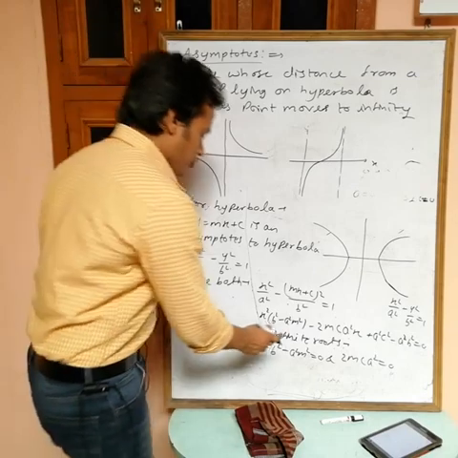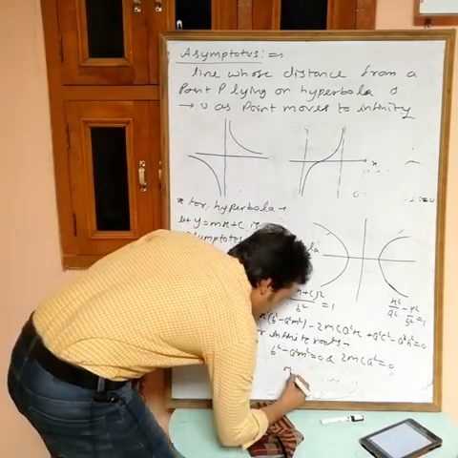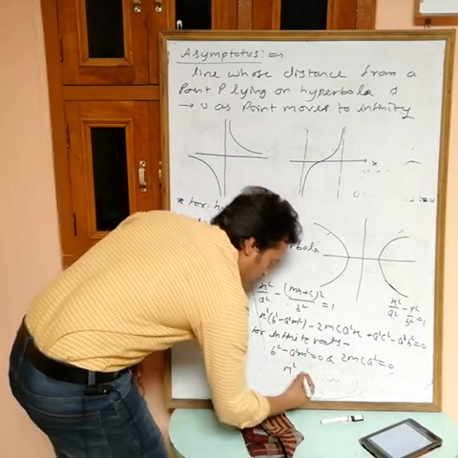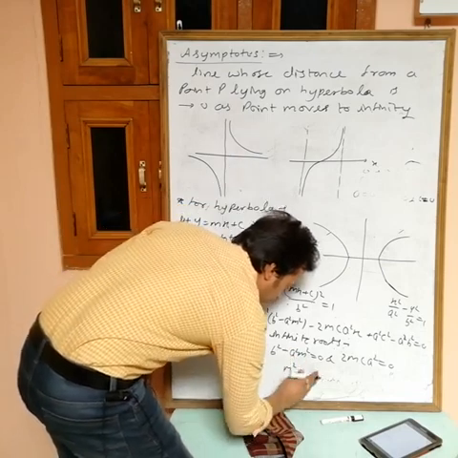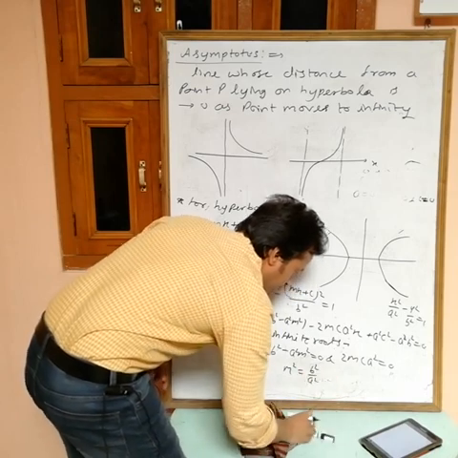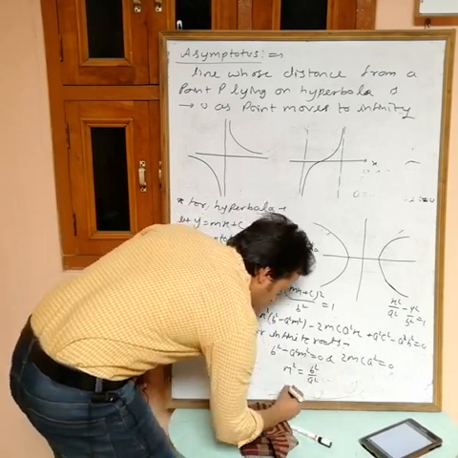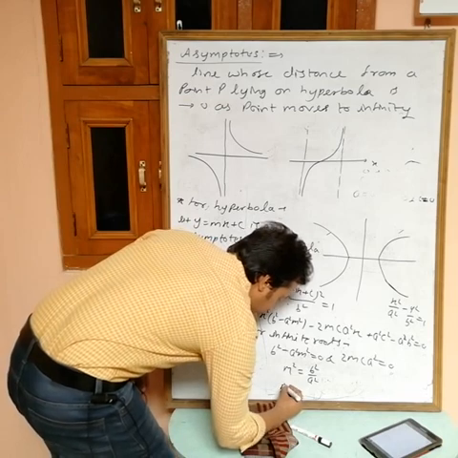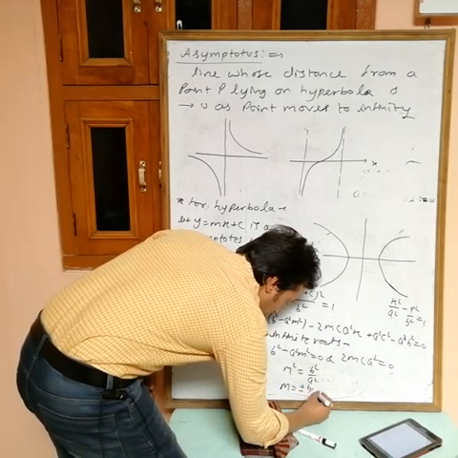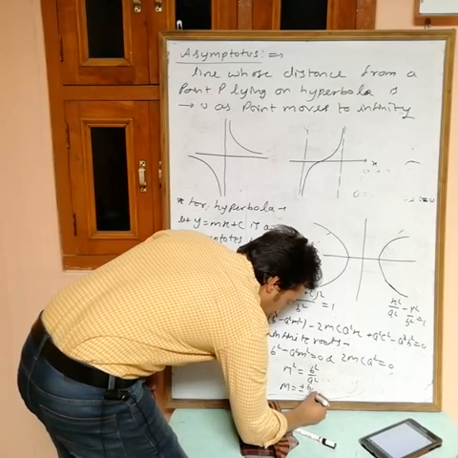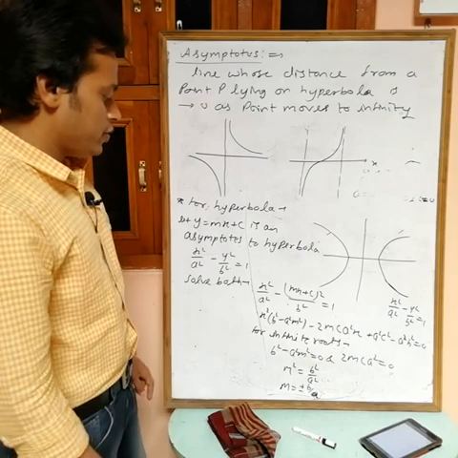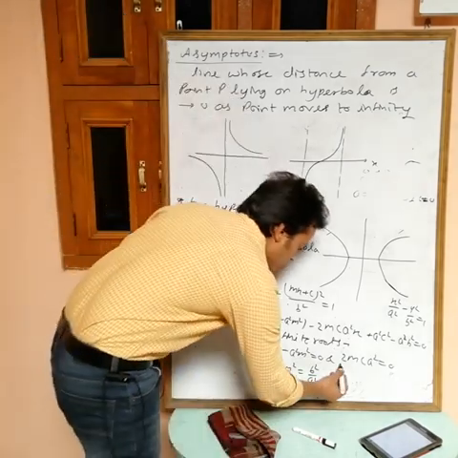Now from this one we are getting the value of m square. m square is equal to b square by a square, and m is equal to plus minus b by a, because m square equals to b square by a square.